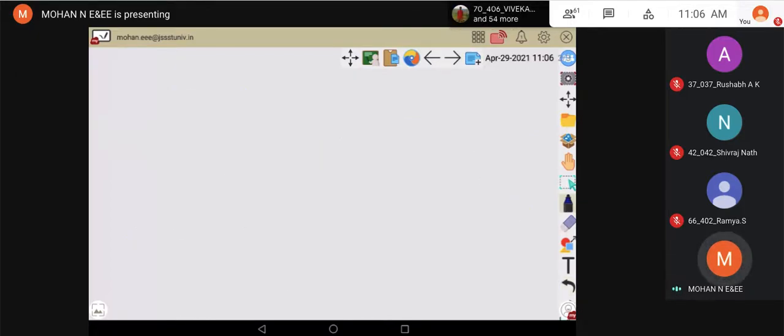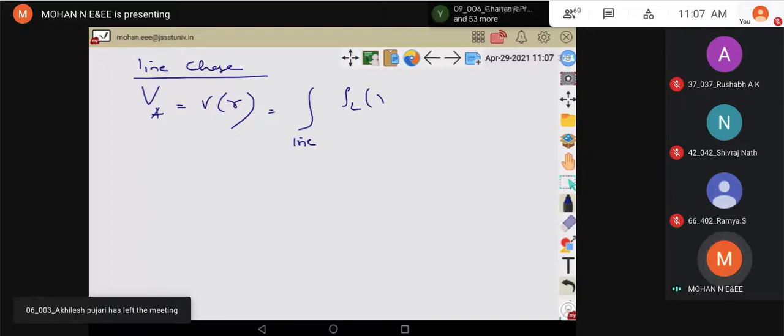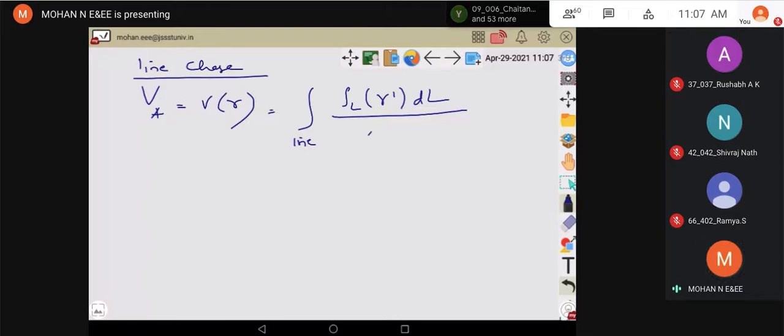Yes, now line charge we have discussed. Potential due to line charge. If you could remember, VA is equal to V of R, that is equal to the line integral of rho L of R dash dl by 4 pi epsilon naught times the magnitude of R minus R dash.